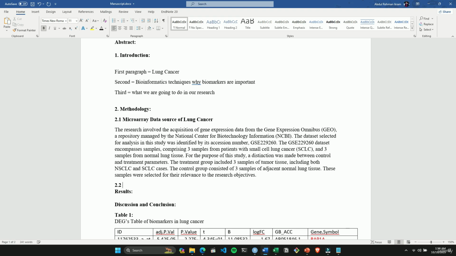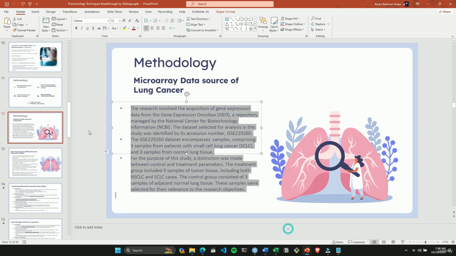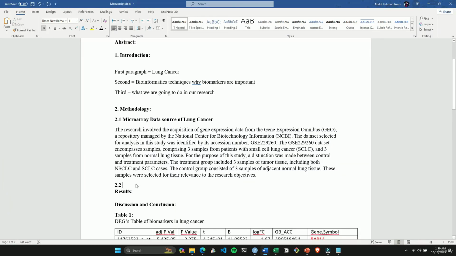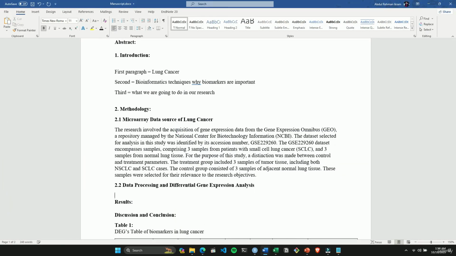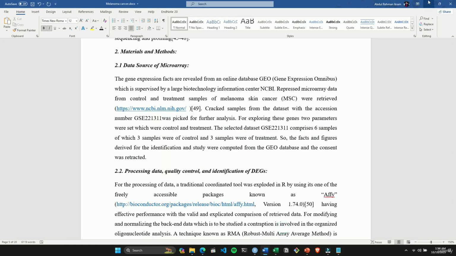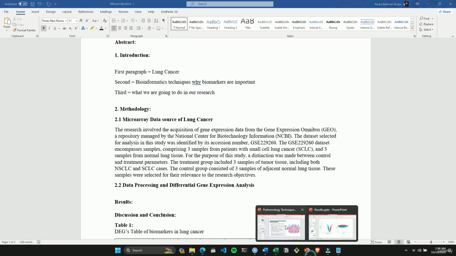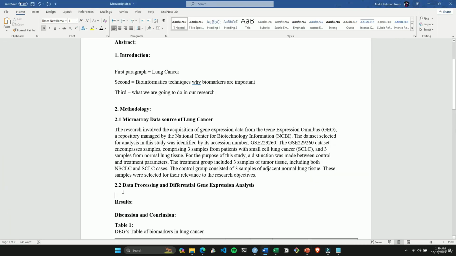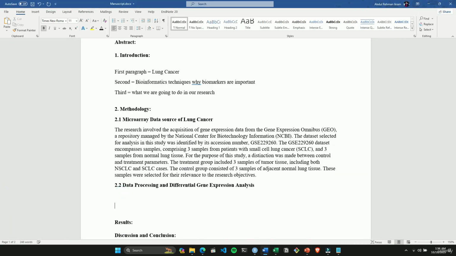Second will be the data processing, which you already know. So we will paste that here, and then we will see if the data processing is correctly done.